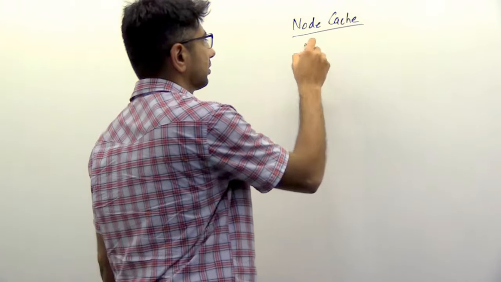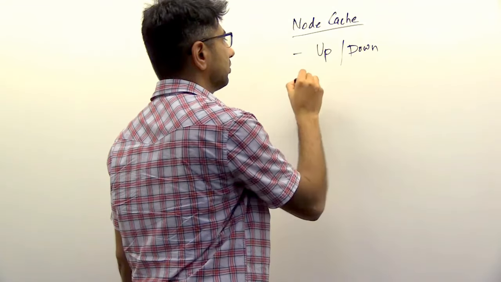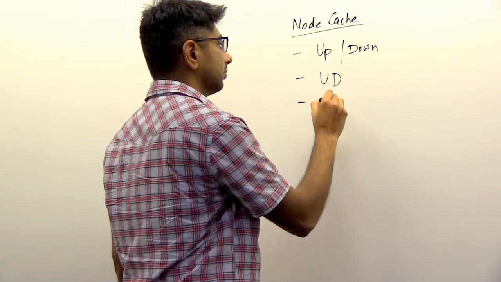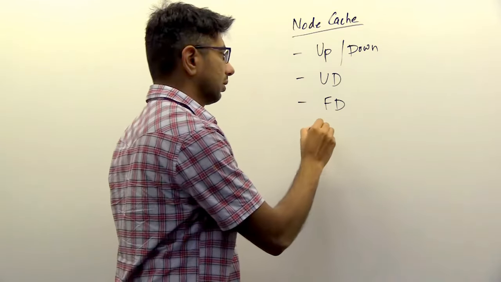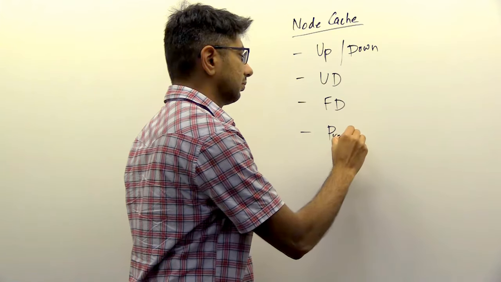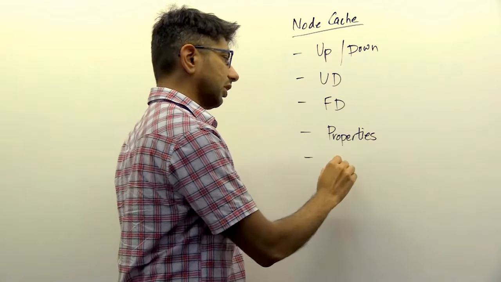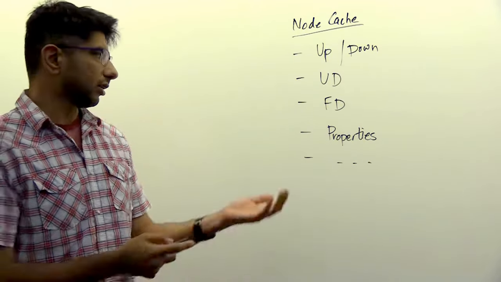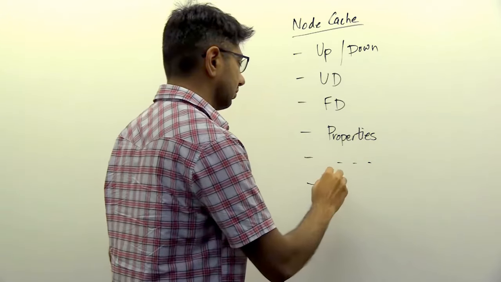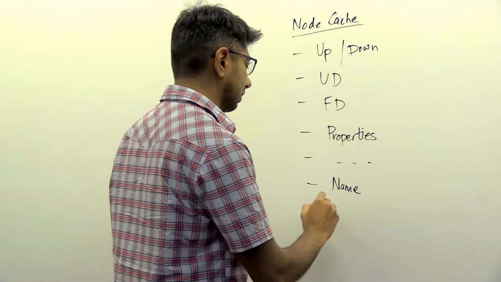So the FD and UD, fault domain and upgrade domain, properties, and several other things. For example, the port, the address, etc. The host name, which is important, right? So the name, and then of course the node ID.